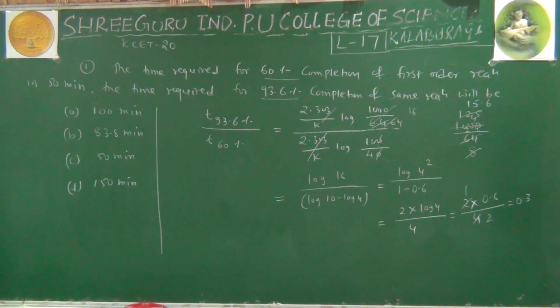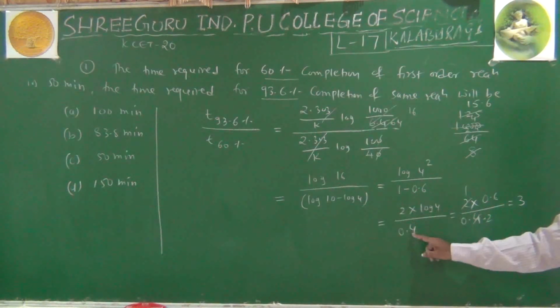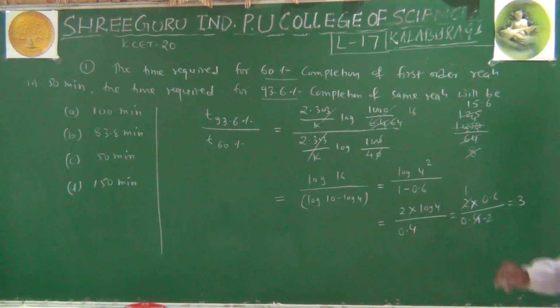So 0.6 divided by 0.2... no, it is 0.4, that's why we are getting this 0.4. So 0.6 by 0.2 is 3, we can write like that. 1 minus 0.6 is 0.4, I have written 4 here, but it is 0.4.